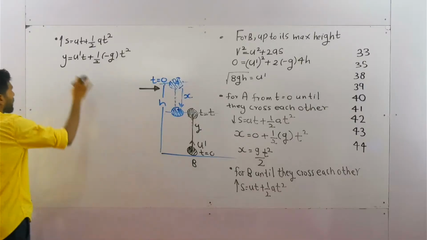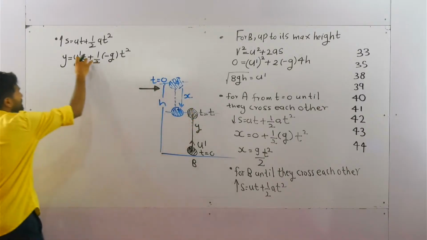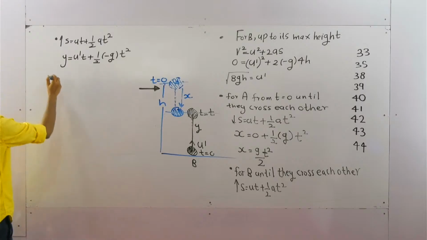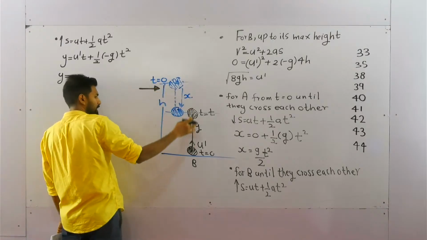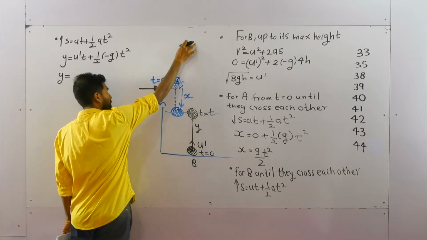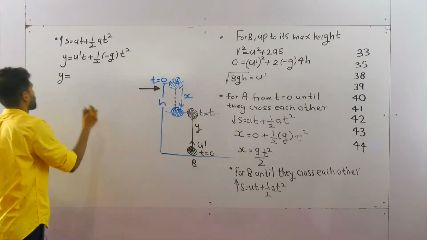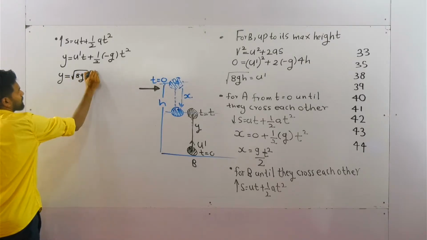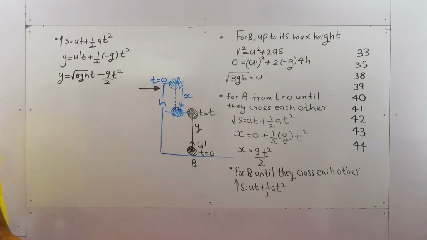Then what is this y? From the fact that capital B reaches a distance 4h before turning back, we found u dash is equal to root 8gh. So y is equal to root 8gh t minus g over 2 t square. That is the distance y.